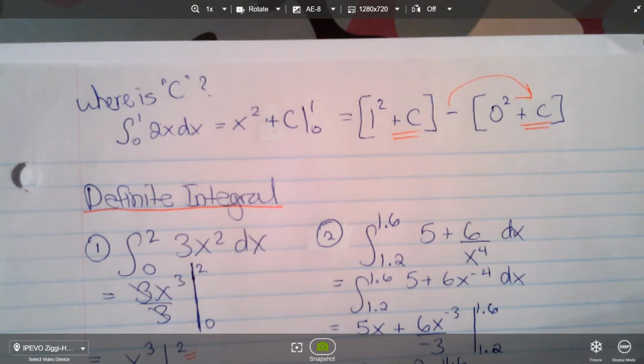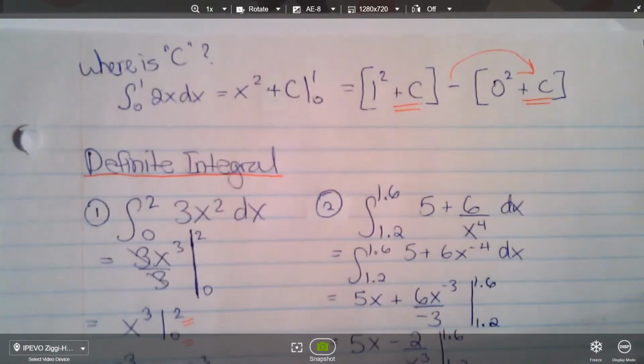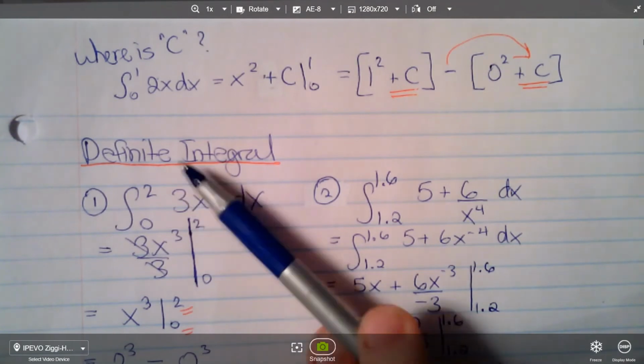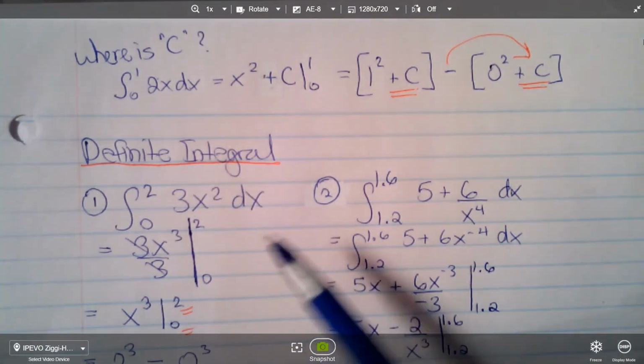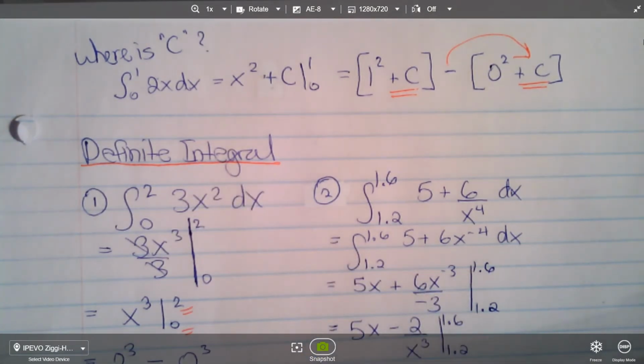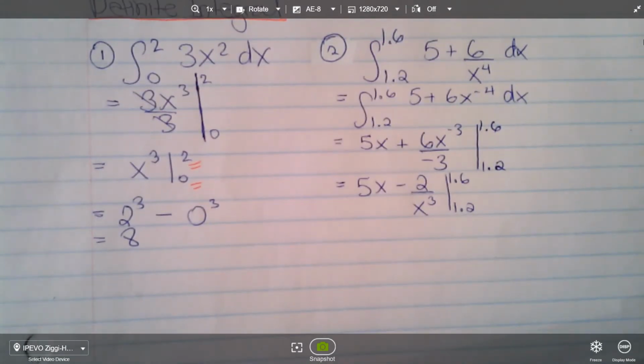An indefinite integral finds the function, and the function needs the plus c. But a definite integral, finding area under the curve, doesn't need the plus c anymore, because where the bounds are being found, they end up canceling out because they're constants on both sides. Alright, so that's why you're not seeing plus c, in case anyone had caught on to that seeming to be missing.